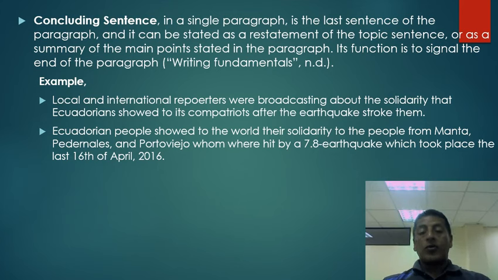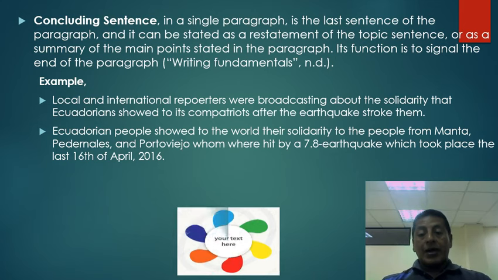The first one is paraphrasing or restating the topic sentence, and the second one is making a summary of what was said in the supporting sentences. The second example that we gave to conclude a paragraph was the summary, the summary of what was said in the different supporting sentences.